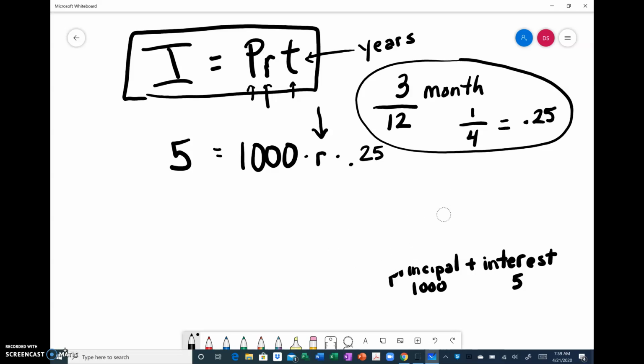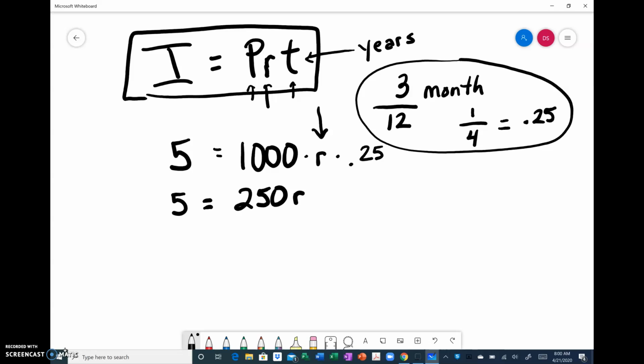Let me get this out of the way. Okay, so using a calculator, I will combine like terms on the right side of my equal sign. And so I'm going to end up with 5 equals 1,000 times 0.25. And that's 250.